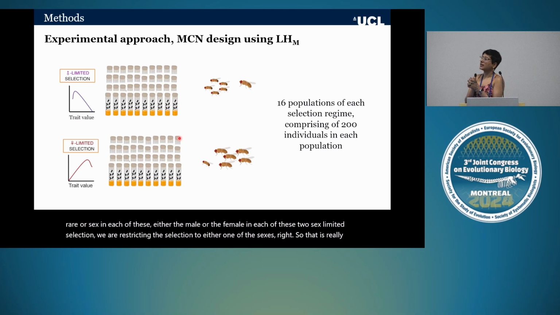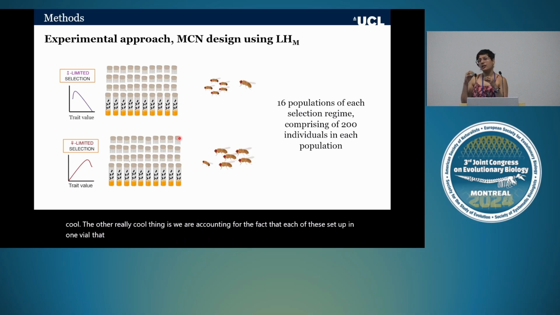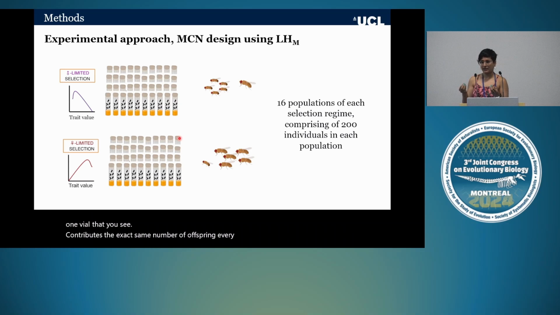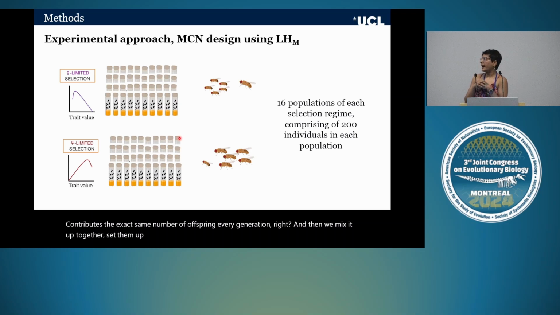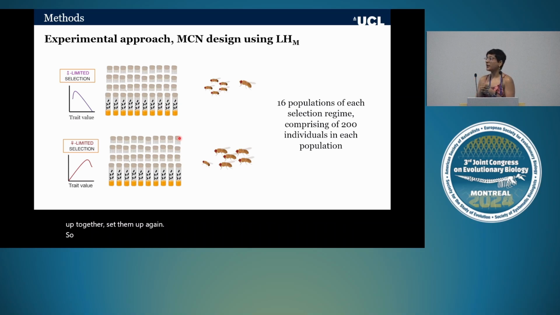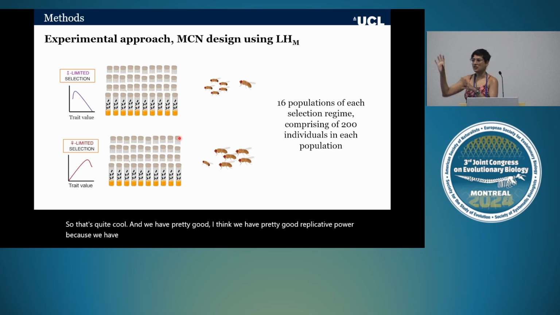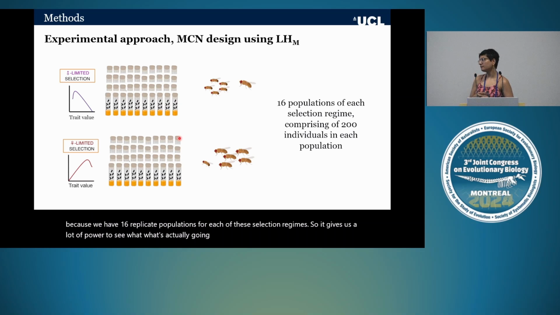The other really cool thing is we are accounting for the fact that each of these vials contributes the exact same number of offspring every generation, right? And then we mix it up together and set them up again. So that's quite cool, and I think we have pretty good replicative power because we have 16 replicate populations for each of these selection regimes. So it gives us a lot of power to see what's actually going on.